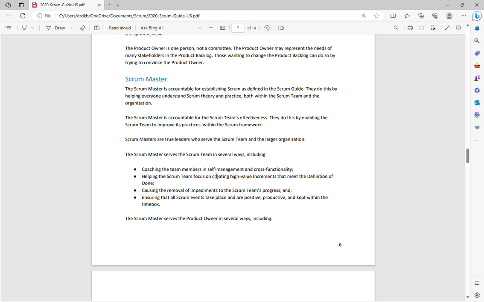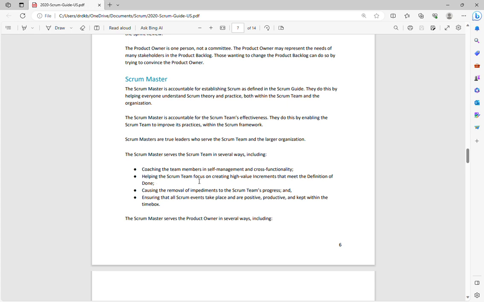If they want to learn something within themselves, the Scrum Master should encourage the team members by pairing them up to learn from each other, and also to get more idea about the product which the team is working on. The Scrum Master should encourage the team to communicate with the customer on a regular basis. So that's how he's helping the team in self management and cross functionality.